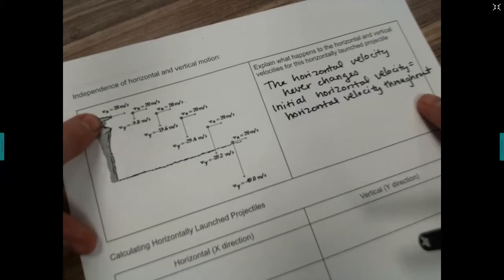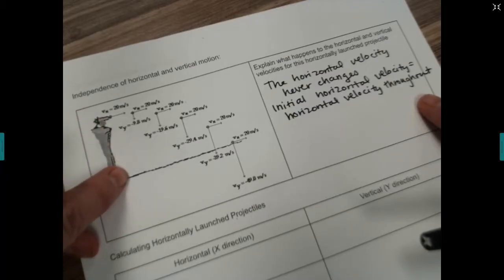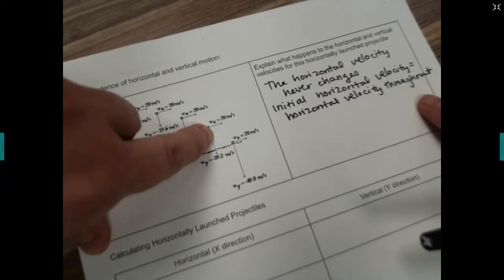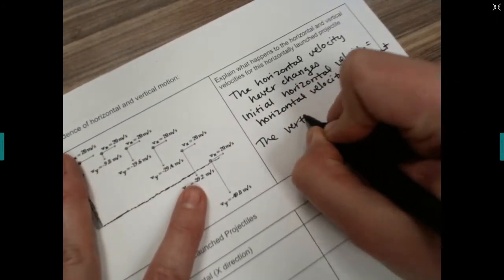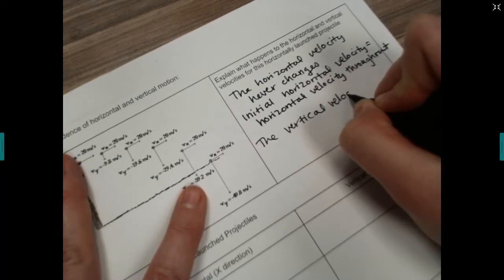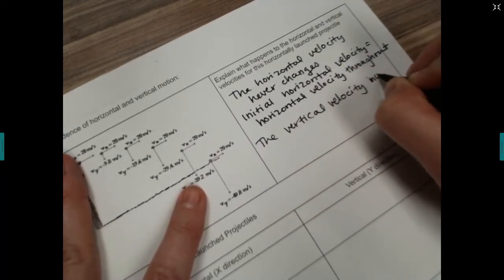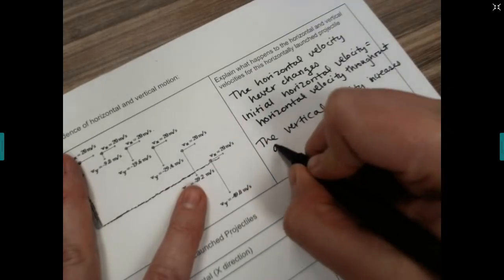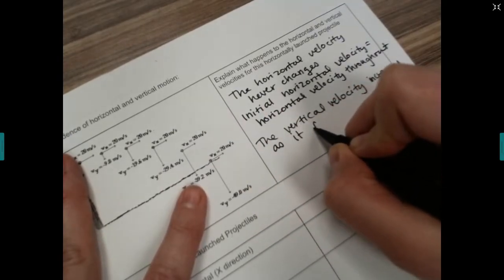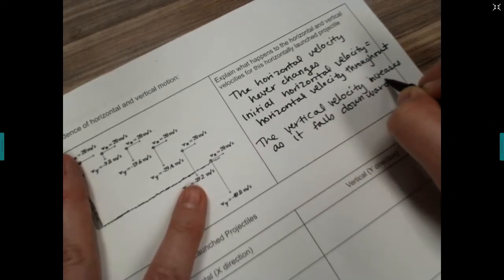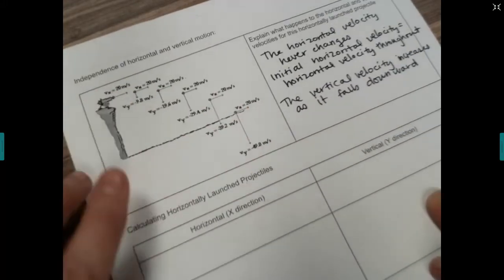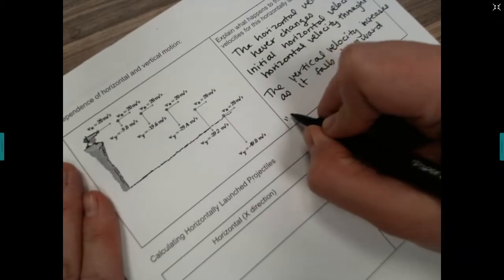So it's speeding up as it's falling downwards, even though it's always going the same exact speed to the side. Okay, so it's changing, it's growing, it's speeding up vertically while it's going the same exact speed horizontally.